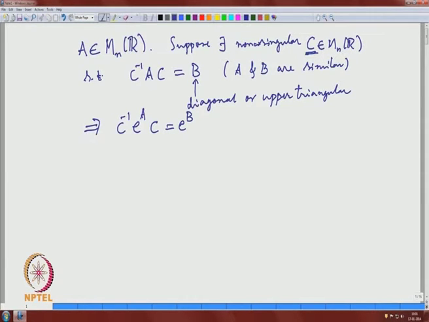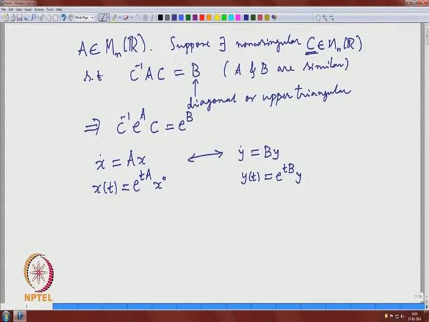In the context of ODE, let us consider x dot equal to A x. Suppose this is the given system, and we know that the general solution is given by e^(tA) x naught, where x naught is an arbitrary vector in R^n. Through a similarity transformation we transfer this given system into y dot equal to B y, and similarly y(t) is given by e^(tB) y naught.